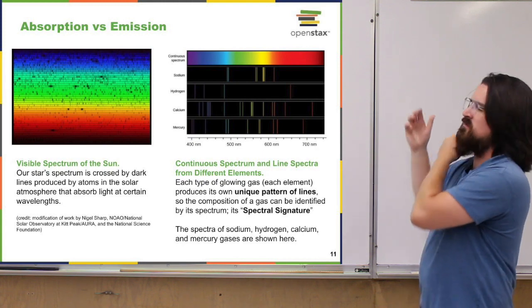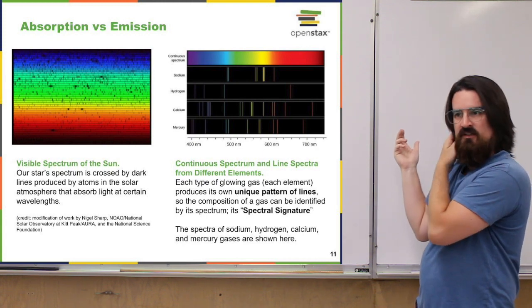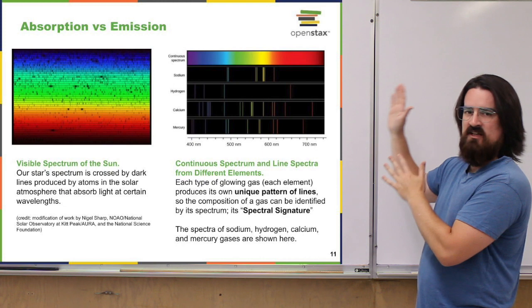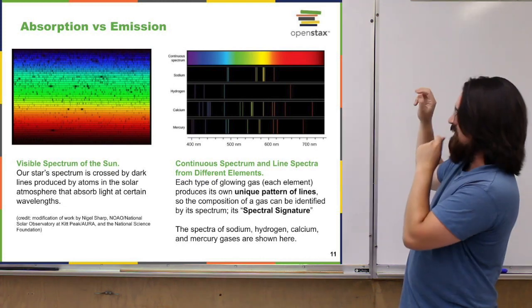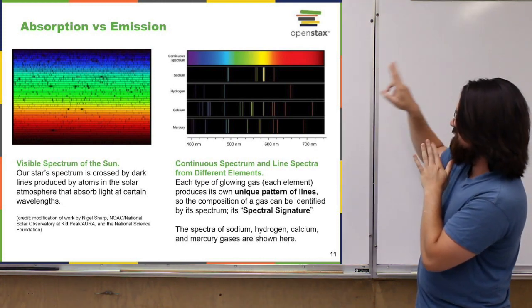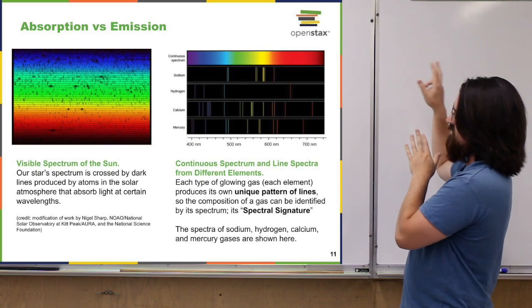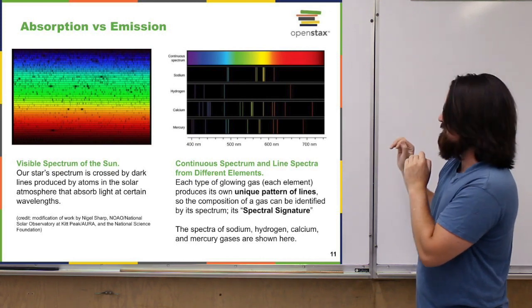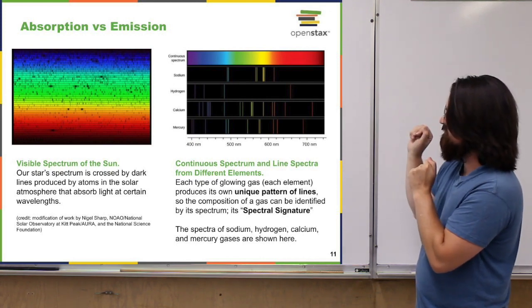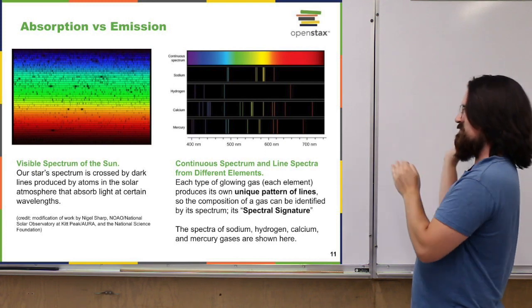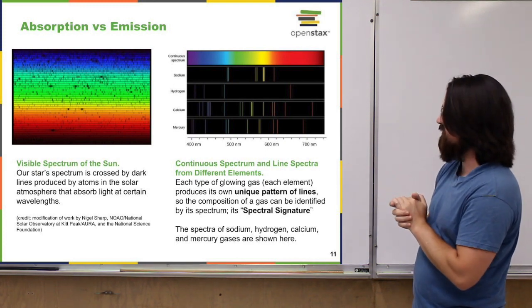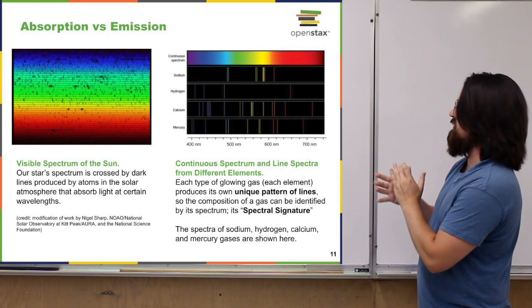And then if you look at the emission spectrum of different elements, different atoms, you see these patterns of lines. Sodium has a pair of lines here, another pair of lines here, a pair of lines there, at these different wavelengths. Hydrogen has these other ones. Calcium has substantially more. Mercury has quite a lot too.